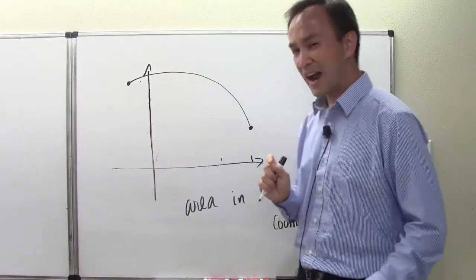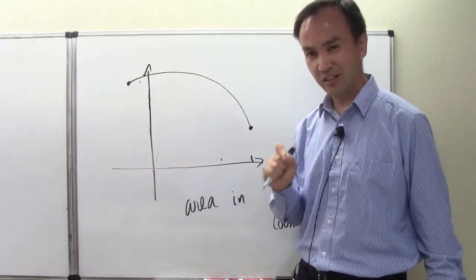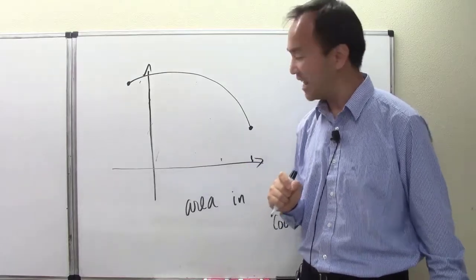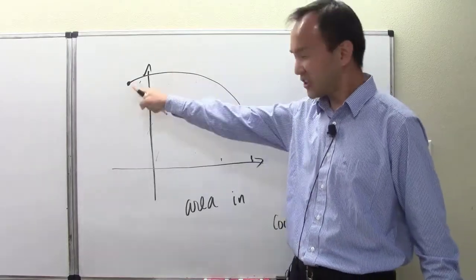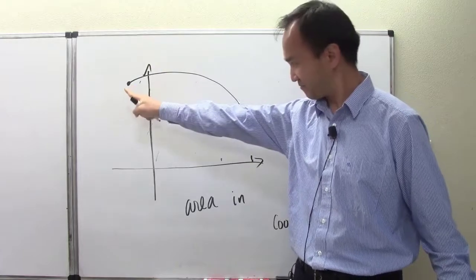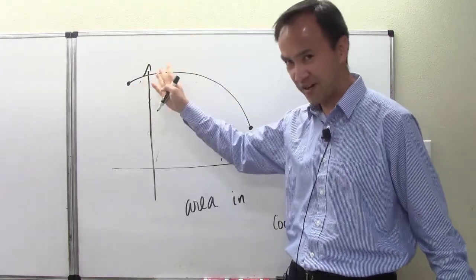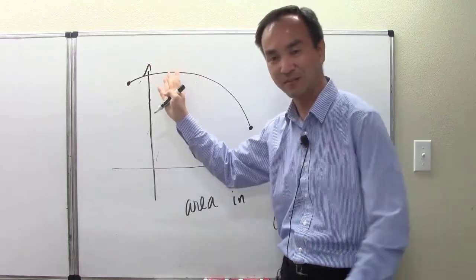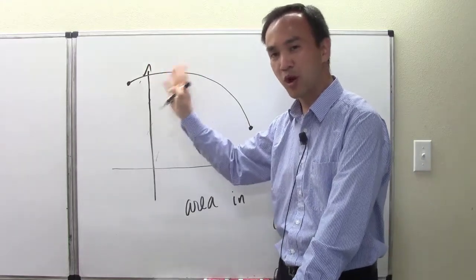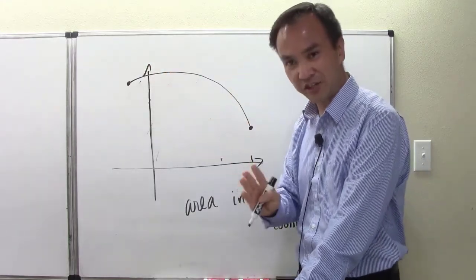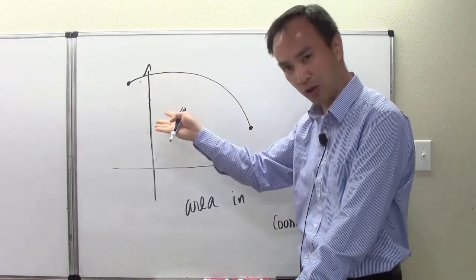Now I have to remind you of the idea of polar coordinates a little bit before we move on to finding area. Like I said earlier, the same physical curve can be expressed either in Cartesian coordinates or polar coordinates.